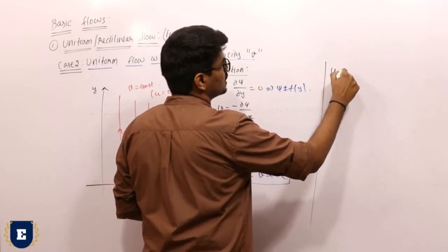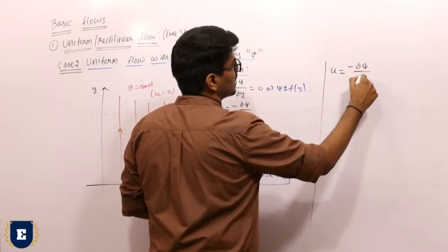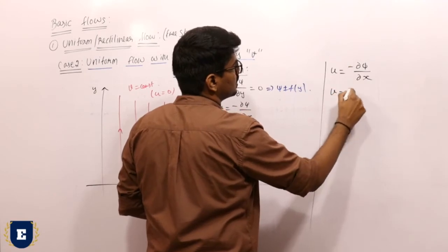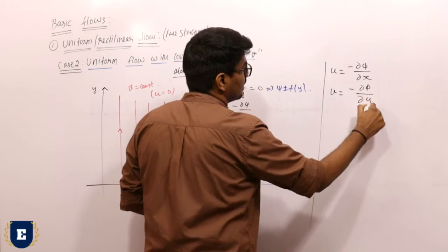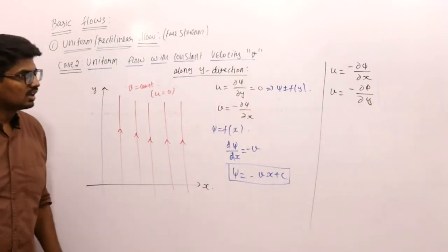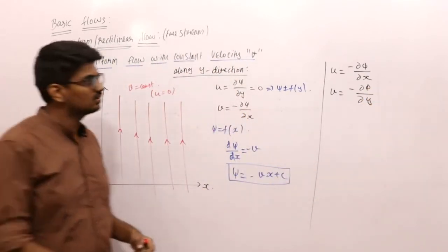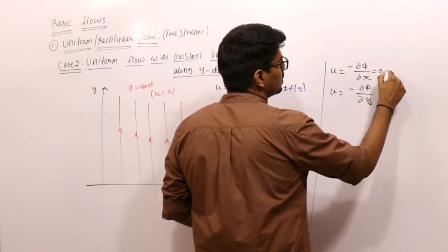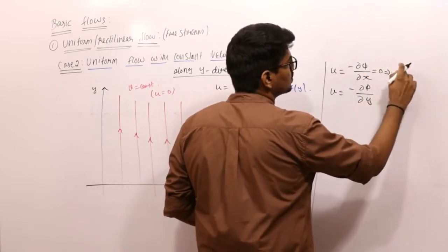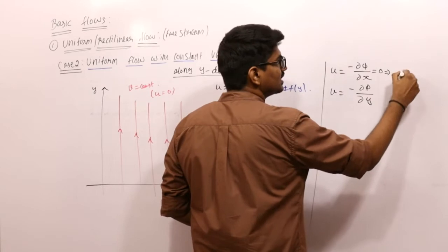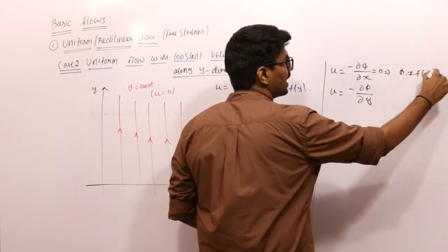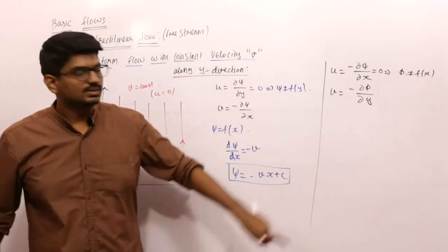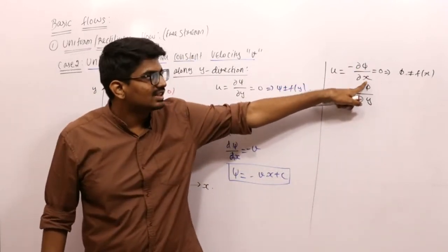equipotential function? u is equal to minus dou phi by dou x, and v is equal to minus dou phi by dou y, and u is 0. So if u becomes 0, which implies phi is not a function of x, because phi is not varying with x.